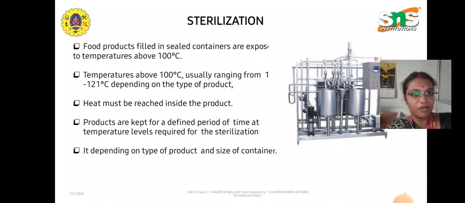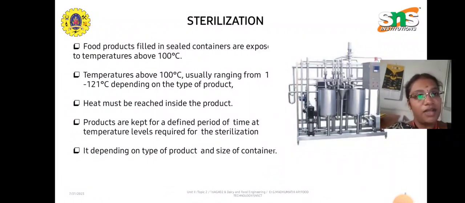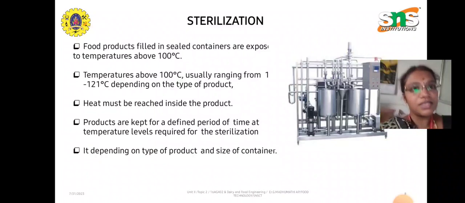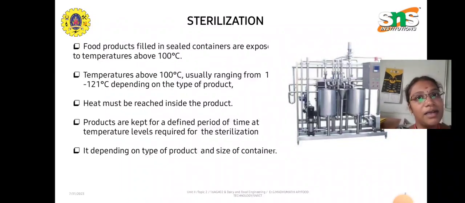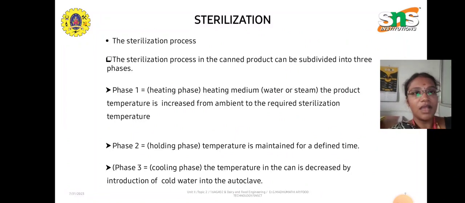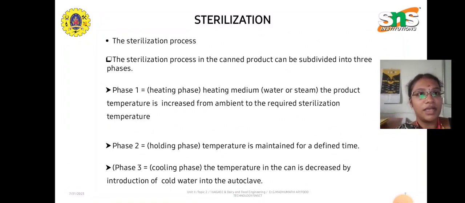Depending upon the type of the product, the temperature can be varied, and the products are kept for a defined period of time at the temperature required for sterilization. Based on the type of product, we choose the size of the container. The sterilization process for canned products is divided into 3 phases.